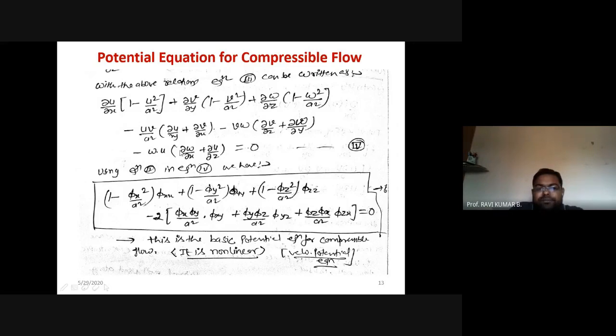Then minus 2 times this. These are repeating terms, if you look at the 2 times, they are repeating. So 2 times φx φy divided by a squared, and φxy. Similarly, φyz by a squared, and this complete term will be equal to 0.